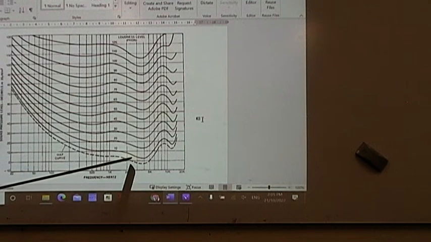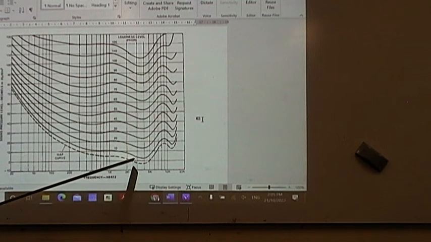The dashed line is the threshold of hearing. Sorry, I said to you that it was 0 decibels at 1 kilohertz, but I was wrong. That was initially, when it was first investigated. Now it's correct: 0 decibels is a little bit over 2 kilohertz.